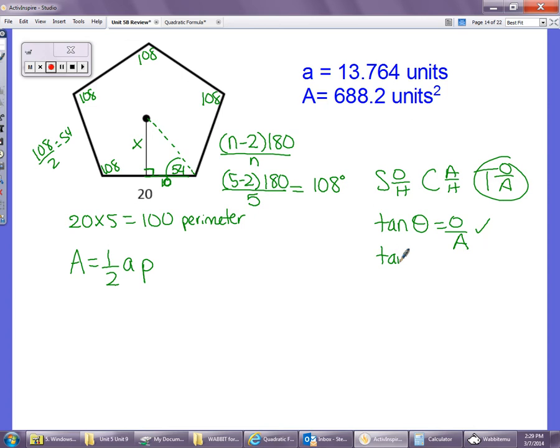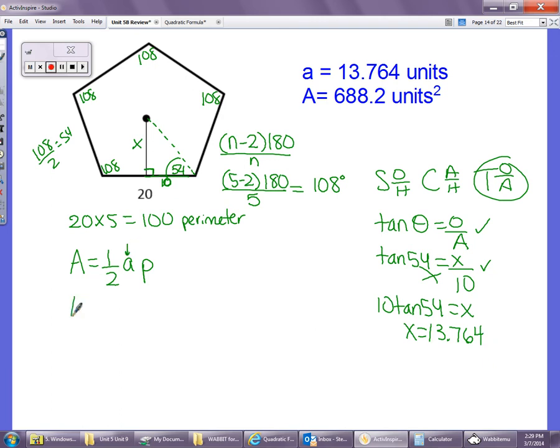Formula, plug it in, cross multiply. And I wind up finding out that my apothem is 13.764. That's going to go here.